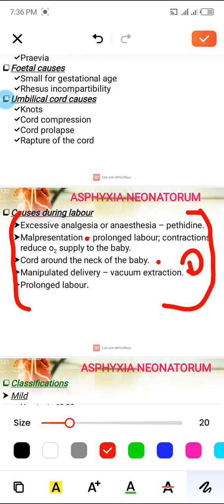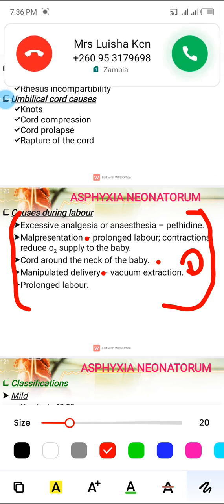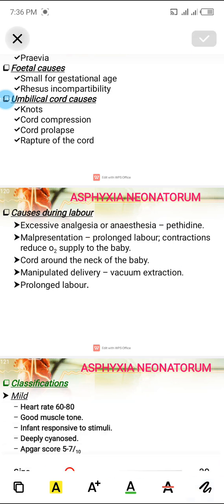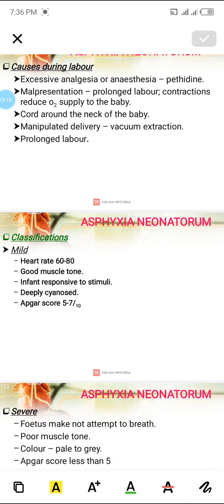Then manipulated delivery, we're looking at vacuum extraction, trying to force the baby out, so we can really reduce its oxygenation. Then prolonged labor, we are looking at labor that has taken more than, say, 16 hours or 12 hours or even more than 20 hours. That's prolonged labor.